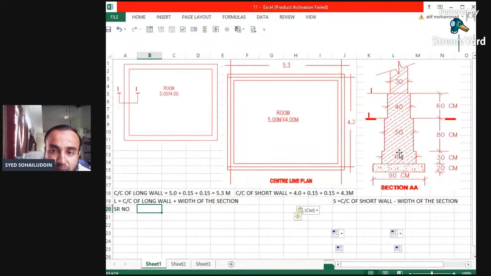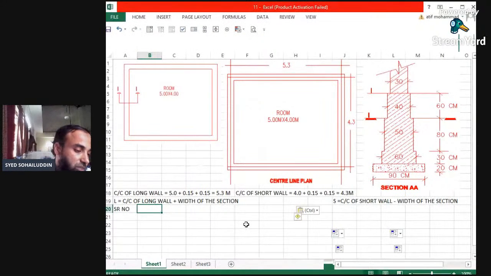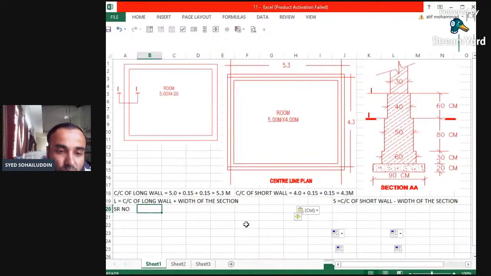What is the width of the first step of UCR? Here it is 60 centimeters, so that means 0.6 meters. So 5.3 plus 0.6 equals 5.9 meters.